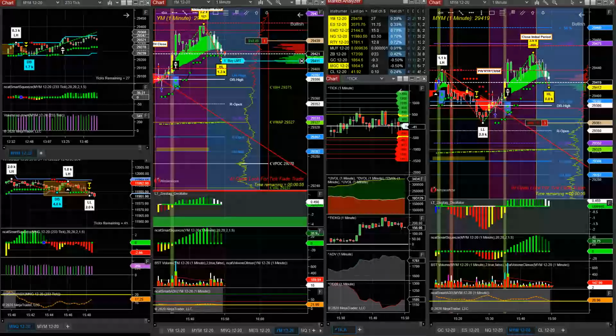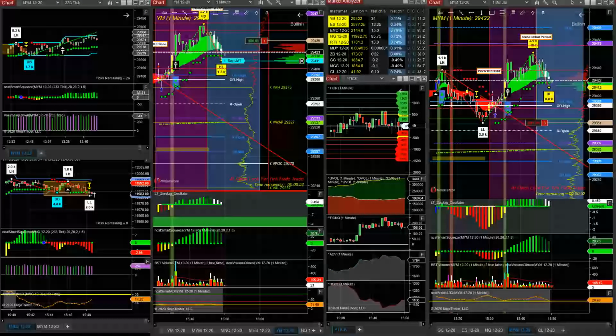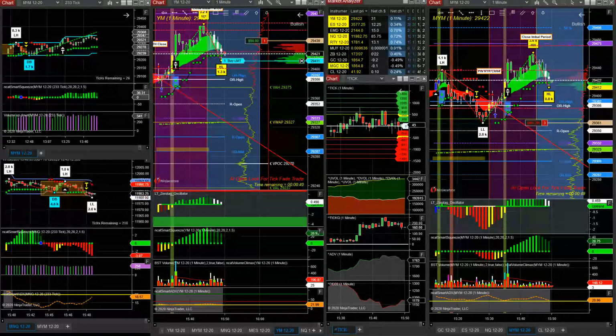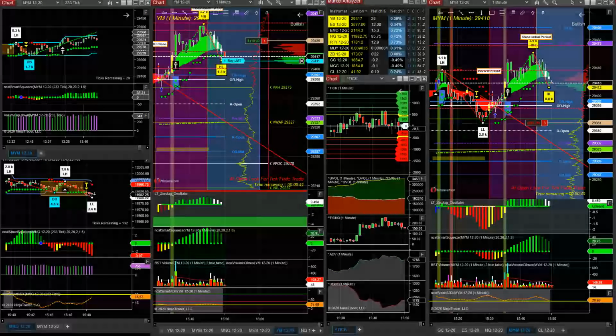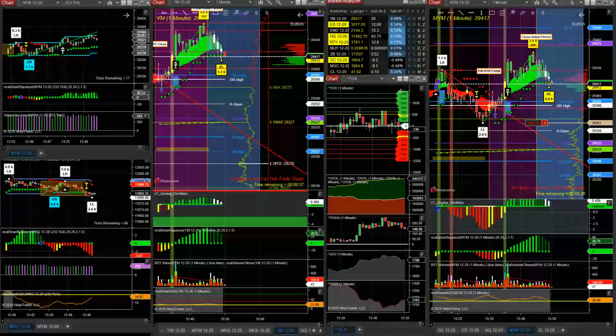One more dip. One more dip here, and we take it off. We get a swing there. So we up 105. All right. I think we take it here for 105, 110. Okay, we out of that trade.